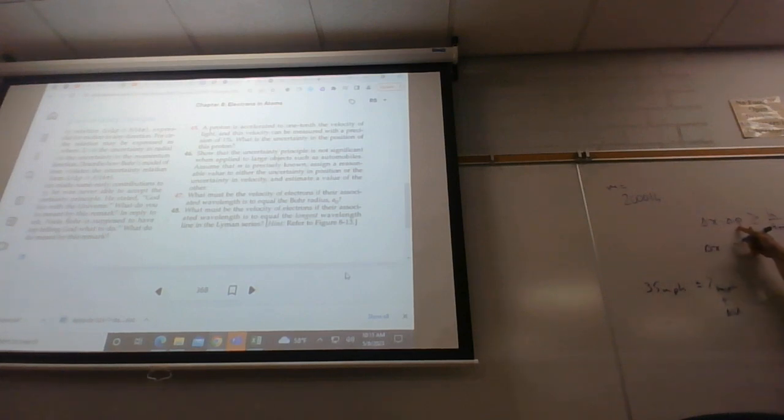Then we're going to multiply by the mass, and we're going to go with 2,000 pounds, times the delta P of delta u. Actually, P is going to be mass, 2,000 pounds, times delta u, which would be 2 miles per hour. Now we have to get this in the right units.